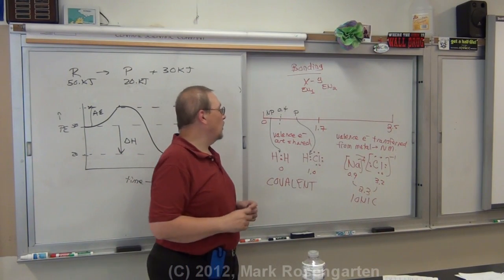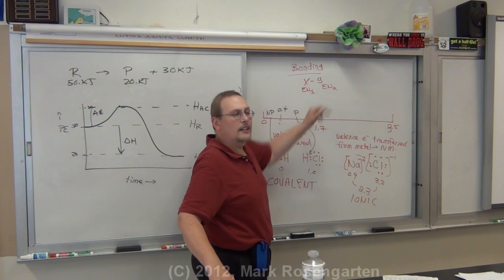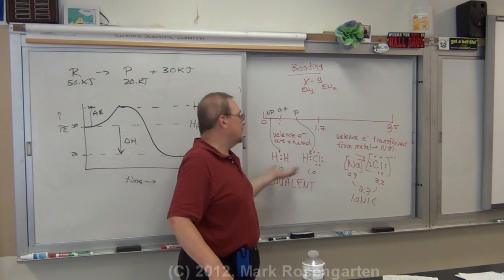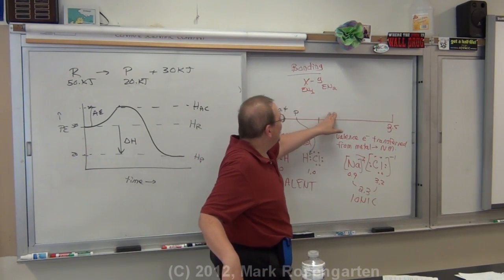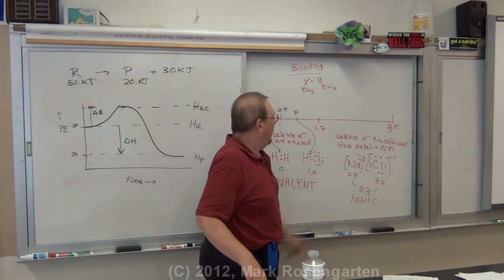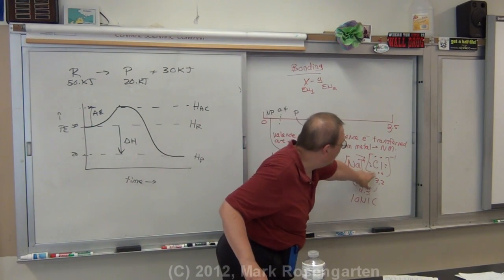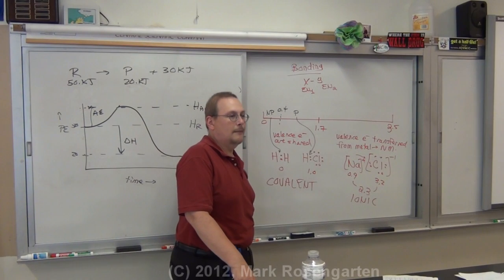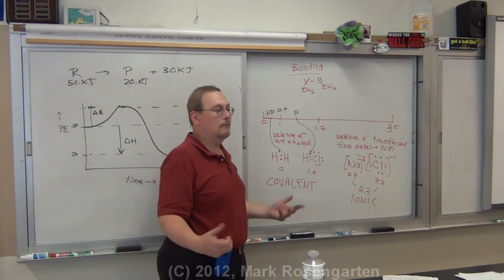And that essentially is all there is to bonding. If the difference in pull on electrons is not great enough, then the elements simply share their unpaired valence electrons. But as the difference exceeds a certain point, the metal, the less electronegative atom, has no choice but to transfer its electrons over to the more electronegative atom. Okay. And that's bonding in about 4 minutes.